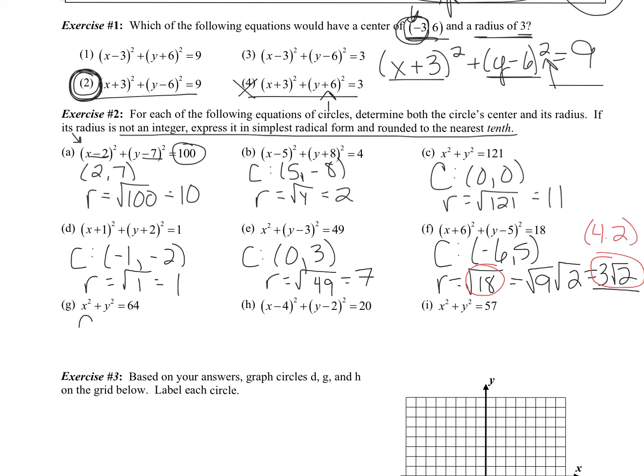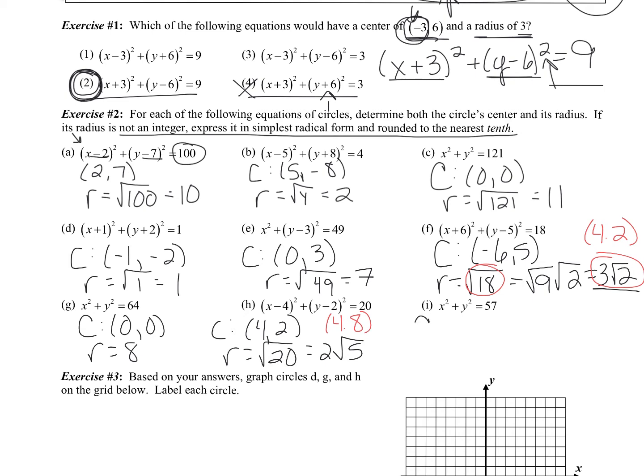So my next one, the center is (0, 0), and the radius is 8. The next one, my center is (4, 2). And the radius is the square root of 20, which simplifies into 4 times 5, so 2 radical 5, square root of 4, square root of 5. And if I type that in my calculator, that's going to give me 4.8.